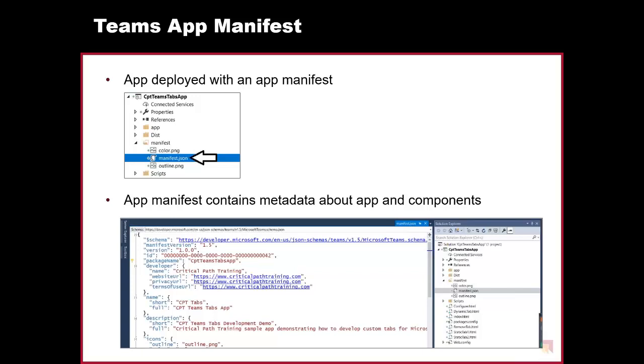Now, one really neat tool is App Studio. I'm not going to work with App Studio today, but I want to call out that App Studio is a custom app that allows you to create the manifest for other apps. So it's definitely worth learning about.